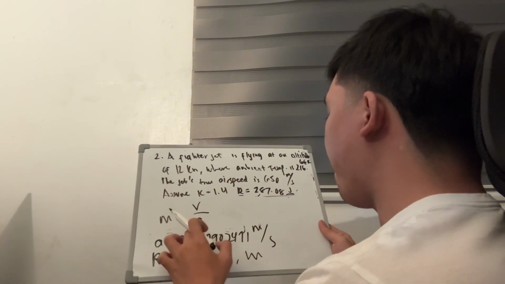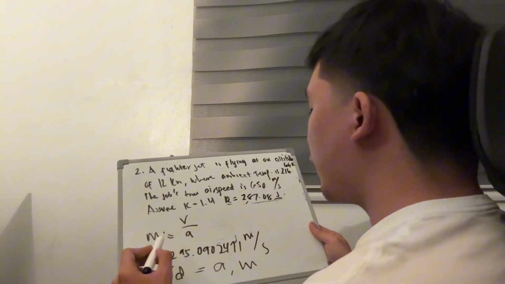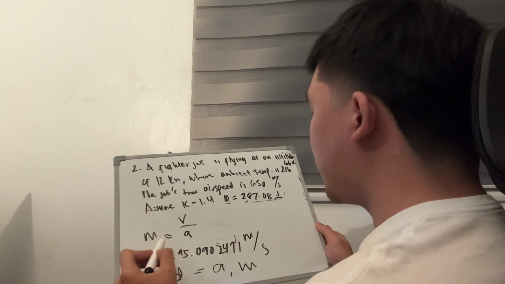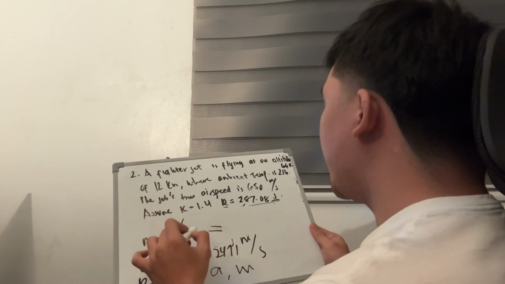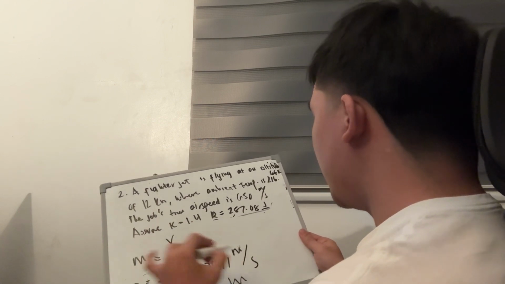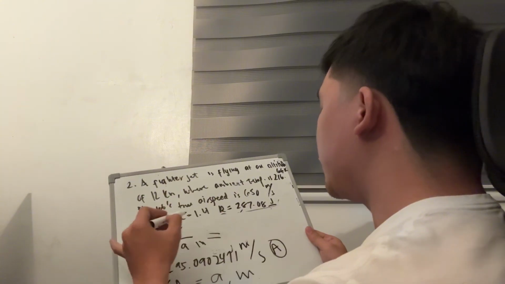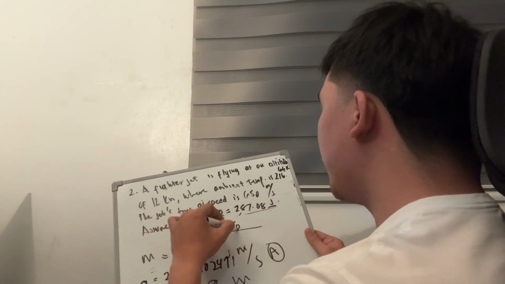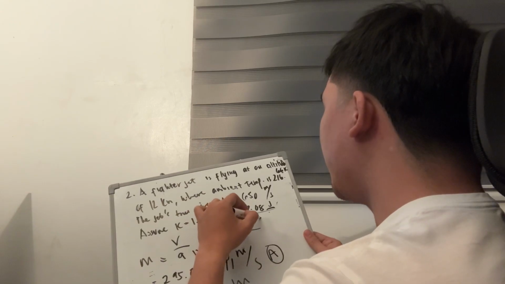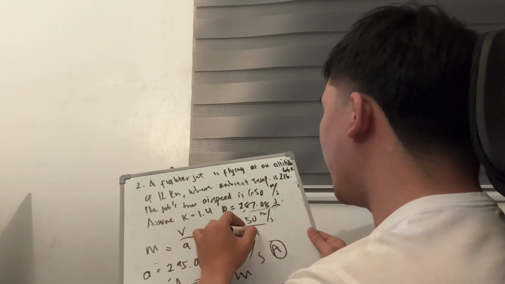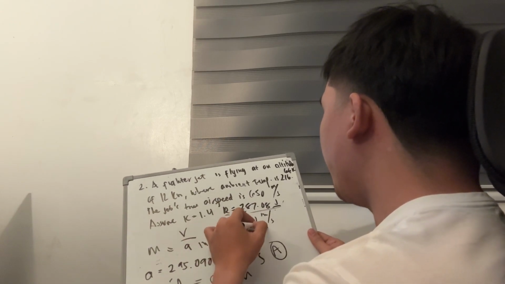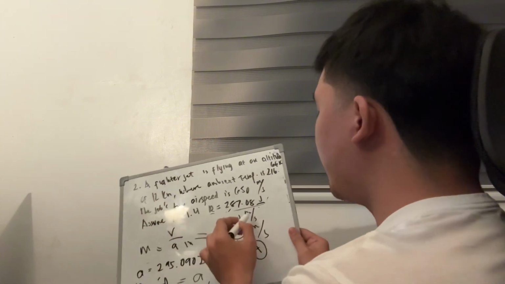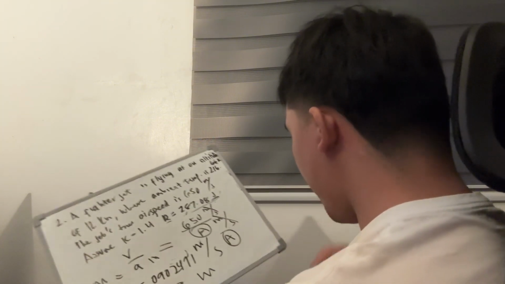So let's plug in the values. M is equal to V, which is 650 meters per second, over our A, in meters per second. We can just cancel it out since they have the same units.